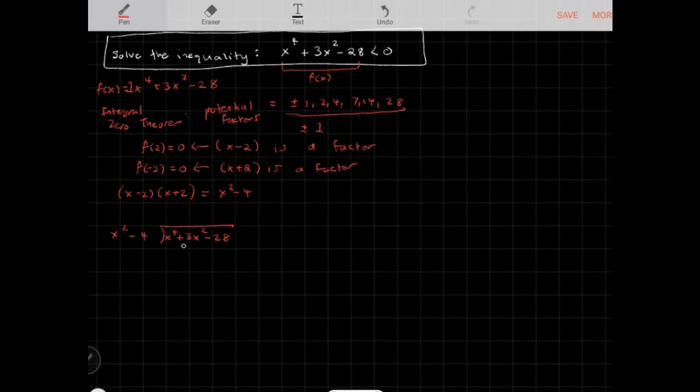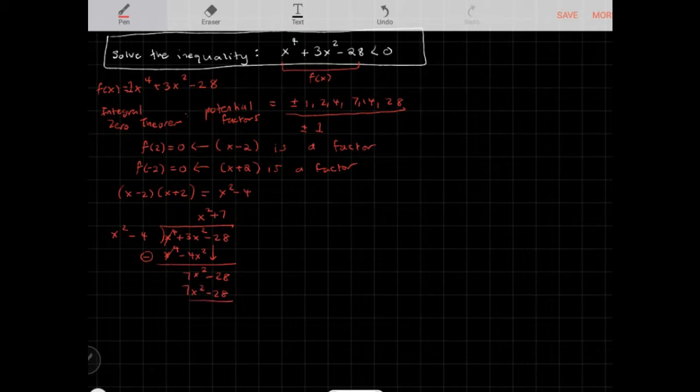If you divide it by your divisor, you get a quotient that starts with x squared, because I want to match the leading term. I multiply this by x squared, so you get x to the power 4 minus 4x squared. I'm going to subtract these two. It cancels out, and you get 3x squared minus 4x squared, which is 7x squared, minus 28. I bring this down and match the leading term again, so I multiply by plus 7 and get 7x squared minus 28.